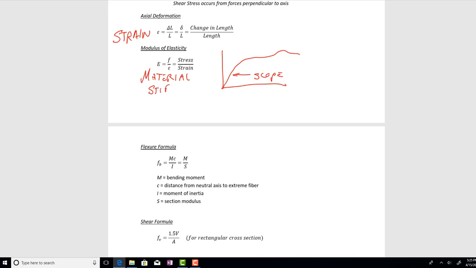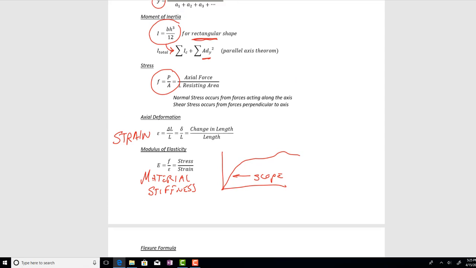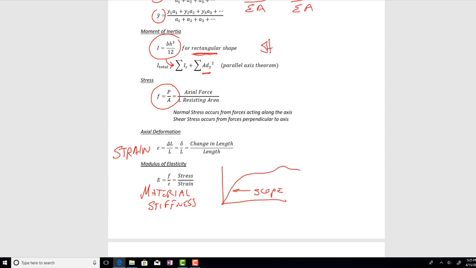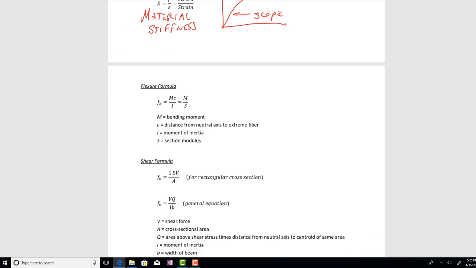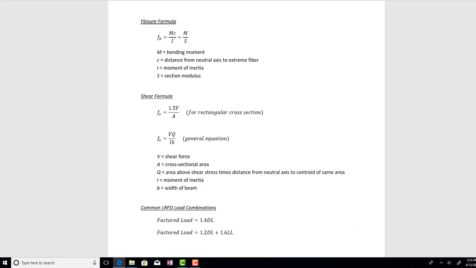By the way, I didn't say this earlier, but with moment of inertia, it's also considered a stiffness, and we refer to it as the shape stiffness because it also gives us some strength depending on what the cross-sectional shape of the member is. Flexural formula is just a fancy way of referring to bending stress.